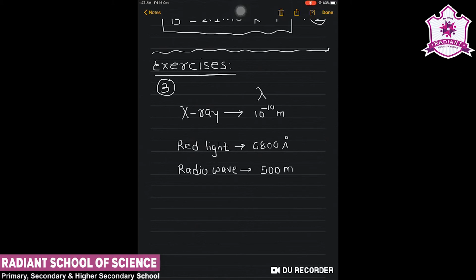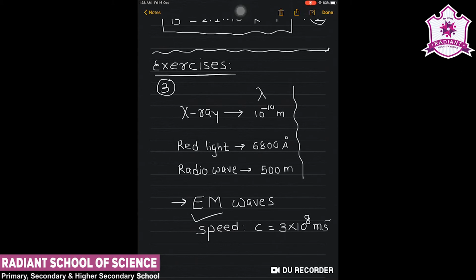Now obviously we can say that these are all electromagnetic waves, so they are part of the electromagnetic spectrum. When we consider them as electromagnetic waves, it is very clear that the speed of this wave will be the speed of light, that is 3 × 10^8 meters per second.